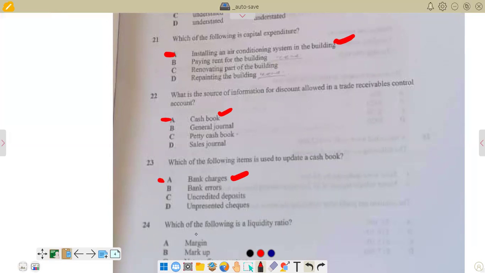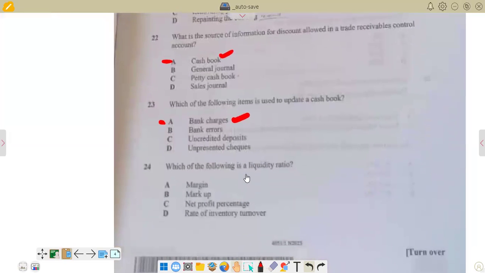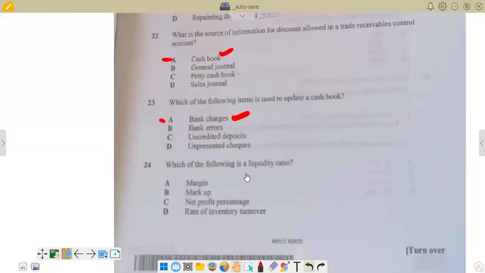Then we've got 24, which one of the following is a liquidity ratio. On liquidity ratios, remember the most common ones we have are the current ratio and the acid test ratio. According to the responses we get there, the most appropriate is rate of inventory turnover.